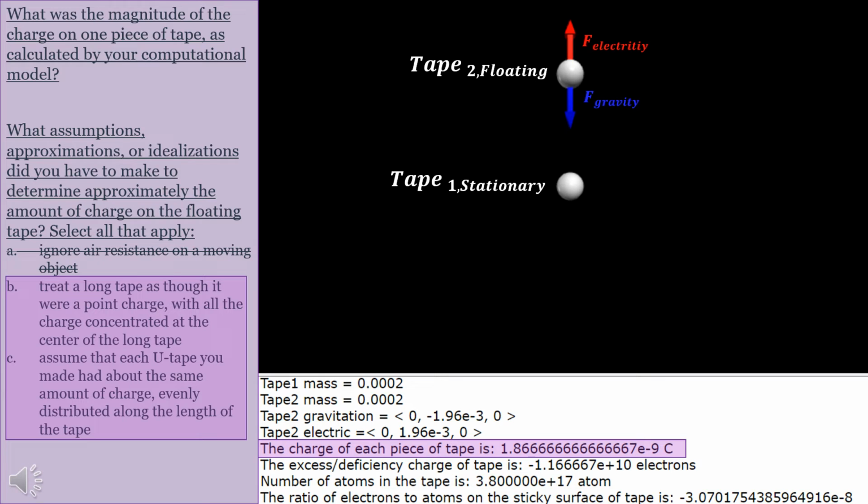The assumptions we're making are to treat a long tape as though it were a single point charge with all charge concentrated on the center of the long tape, and to assume that each piece of tape you have made has about the same amount of charge evenly distributed along the length of the tape, which is why Q1 and Q2 were the same.